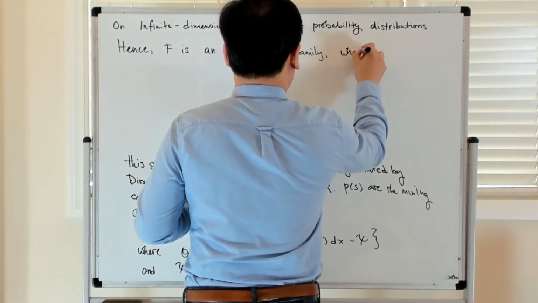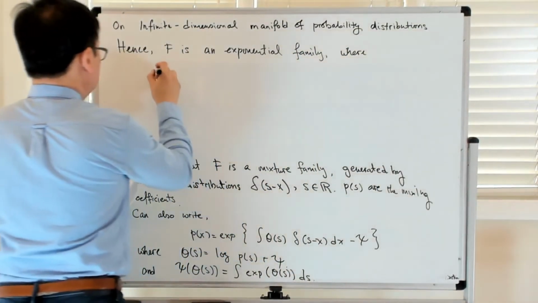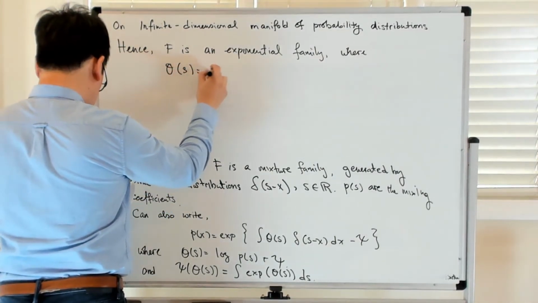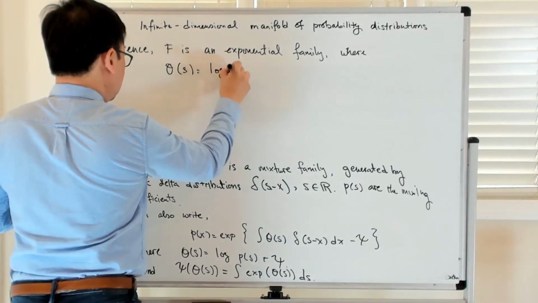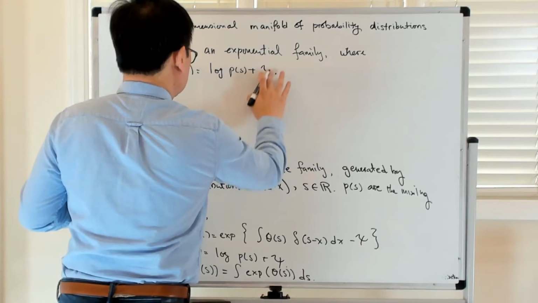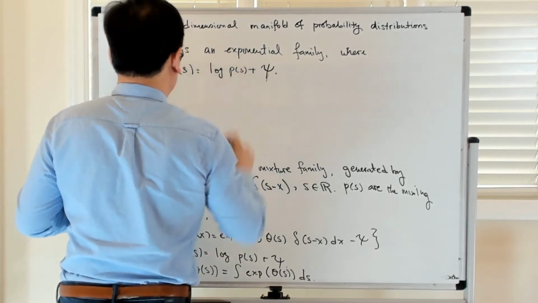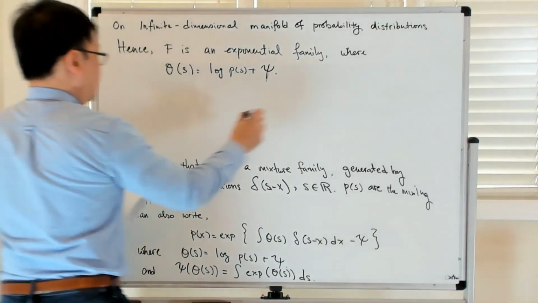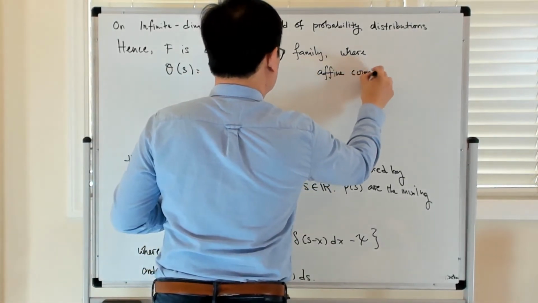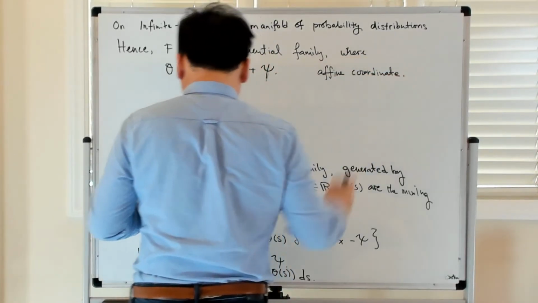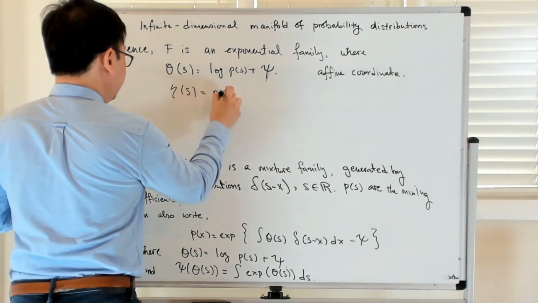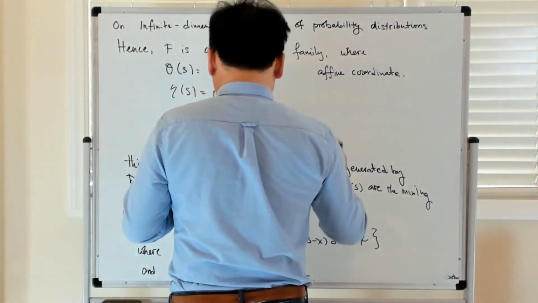So where theta, which is your affine coordinate, is equal to log of p of s plus this factor. This is the affine coordinate. And then you have eta of s is just p of s. So this is the dual affine coordinates.